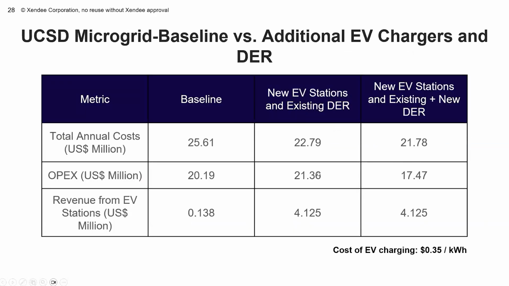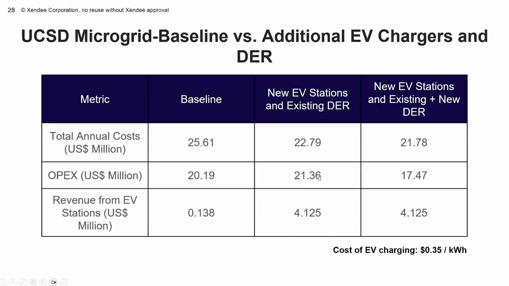You can see that we have now 4 million revenue because of the electric vehicles, because we're selling electricity, but we're also purchasing more energy and power from the utility, okay? Because we're not installing new technologies. So we're actually increasing our exposure to utility, and that's probably an issue because, I mean, we have to upgrade some BCCs and whatever it is.